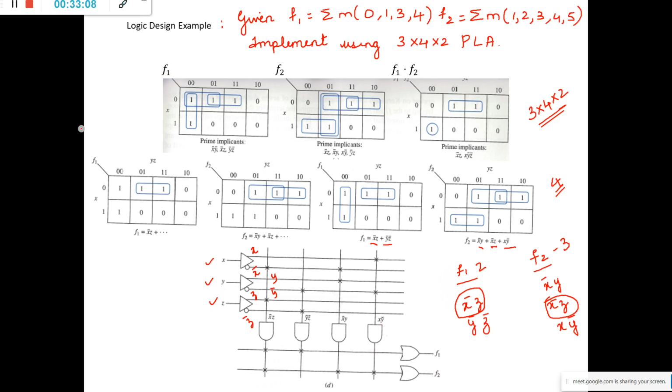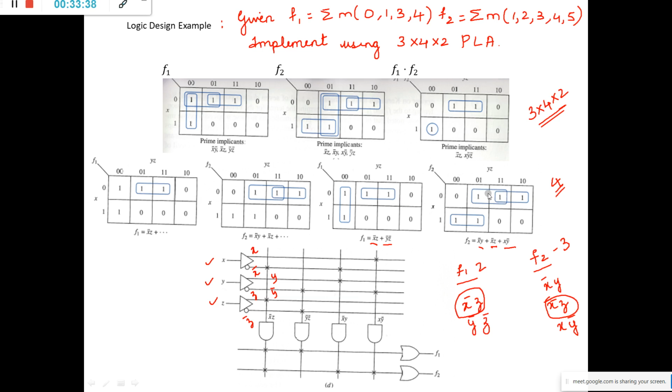Okay. So any doubts in this? So students, given a problem F1, F2, you have to implement it using 3 cross 4 cross 2, which means 3 is the number of inputs, 4 product terms, 2 output lines. First you have to make the pairs in such a way that they are common. You can see cells 1 and 3 are here, and here also cells 1 and 3.